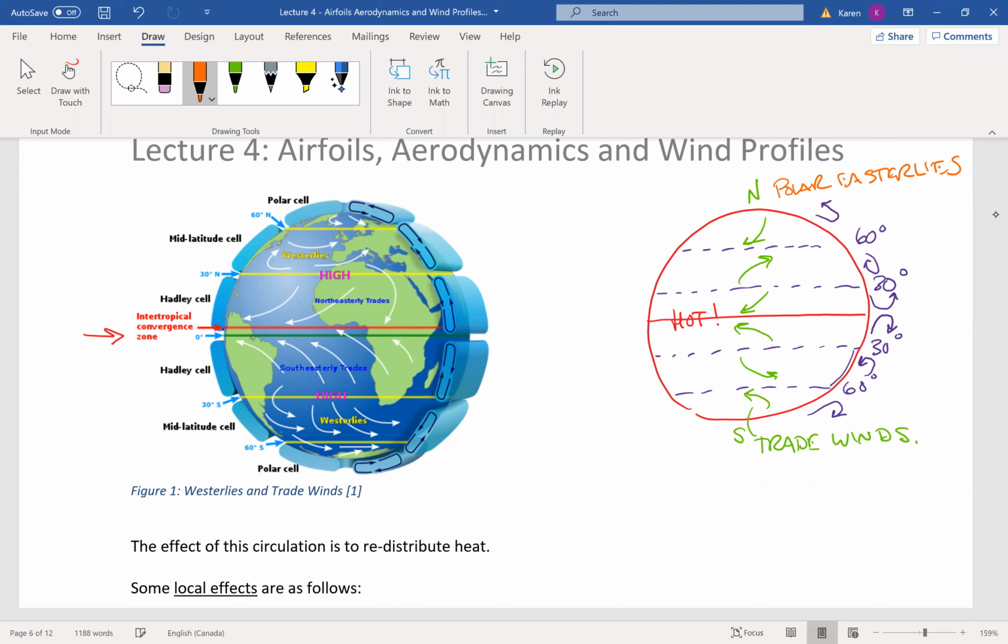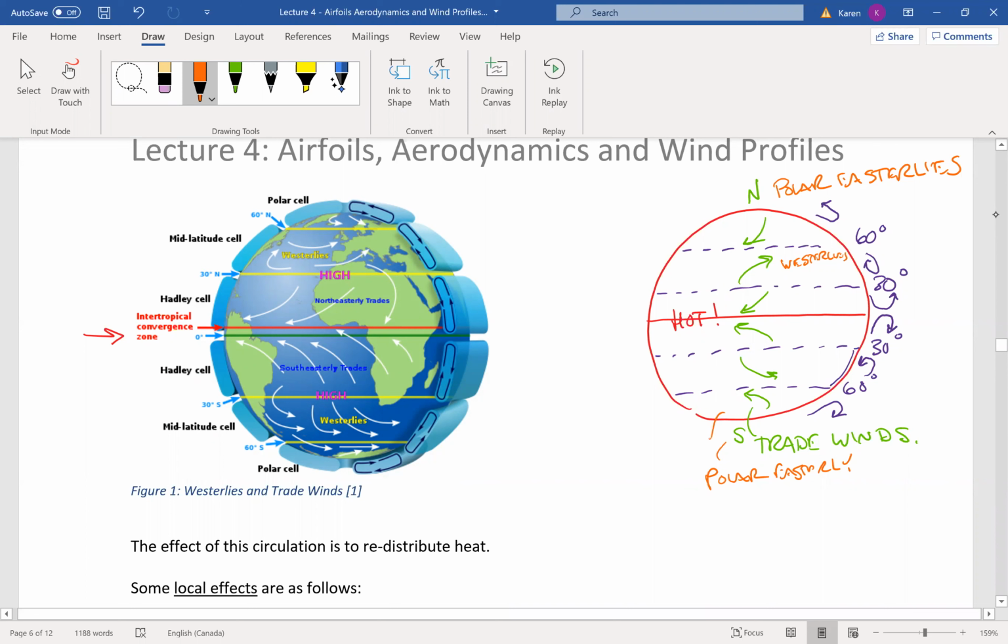Easterlies means it's heading in that east direction, whereas these are called westerlies. And down here again, you have another polar easterly in this region here. And that's shown on this diagram also that I pulled from the internet. So those are your trade winds.